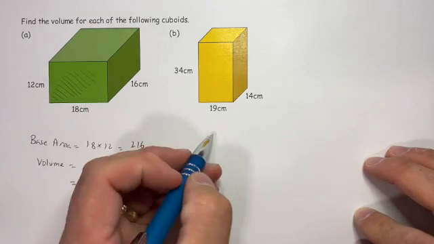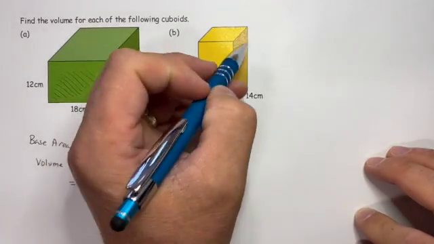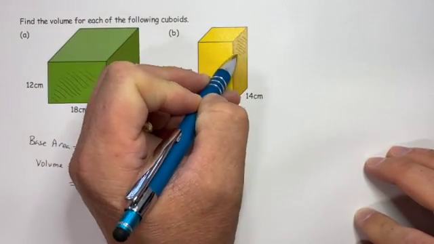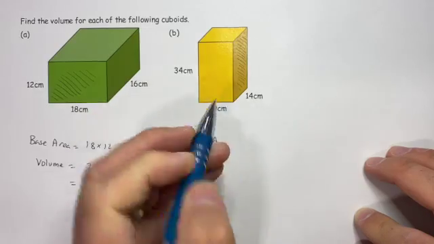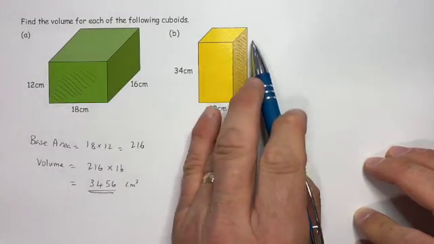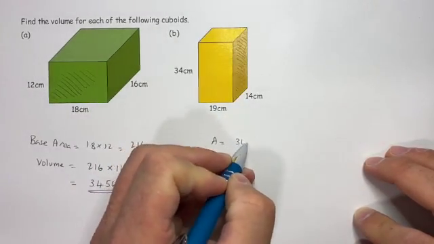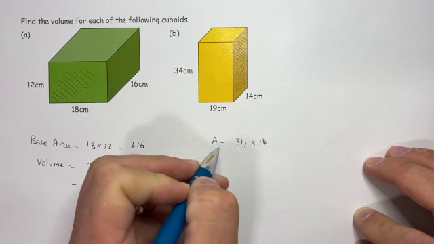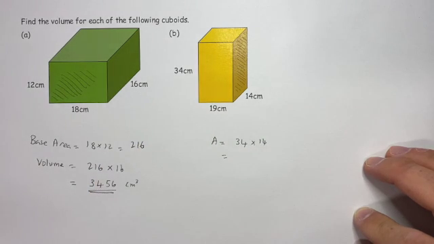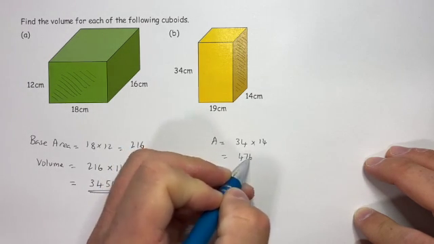Now I'll do that again, but with the cuboid, as I said, you're spoiled for choice. So I'm going to take that as being my end area, the length and width being 34 and 14. So I've got 34 times 14 is 476.